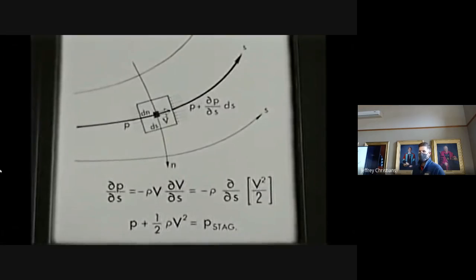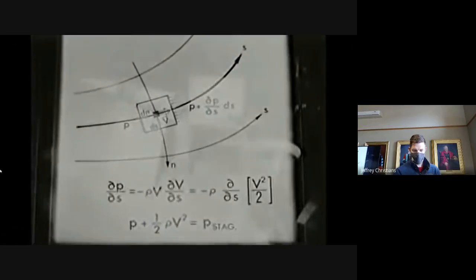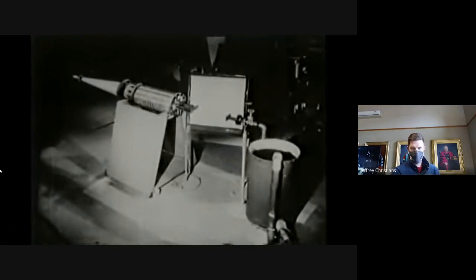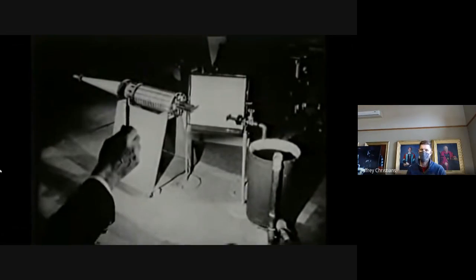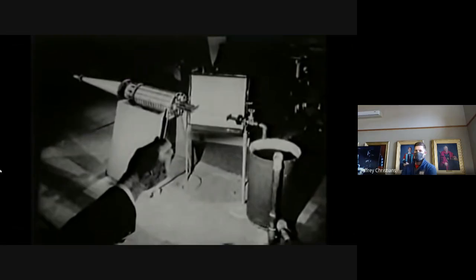On any streamline, where the velocity is high, the pressure is low, and vice versa. The highest possible pressure, the stagnation pressure, occurs where the velocity is zero. A very large reservoir supplying a flow to a duct system is itself a stagnation region.